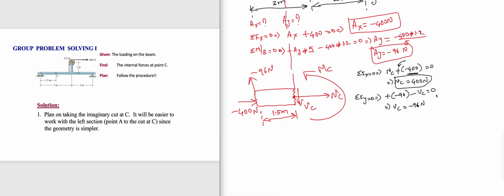Moments with respect to C equal to 0. So this is the point C. Assuming counterclock is positive implies I have negative 96 is the value times 1.5. Force times 1.5.